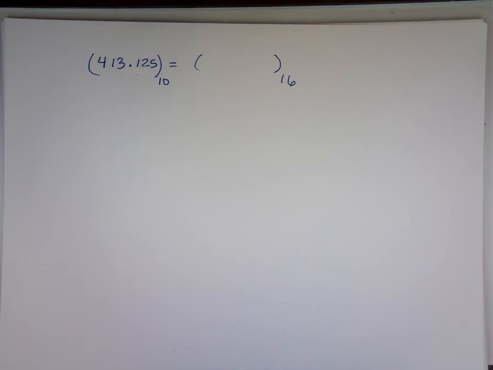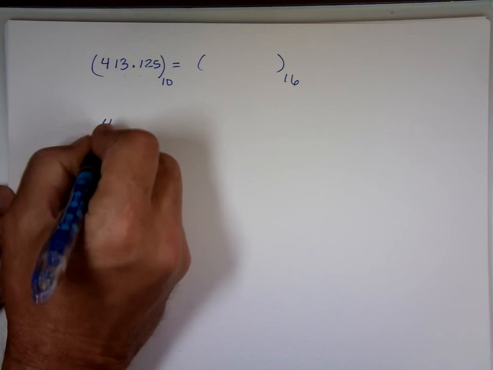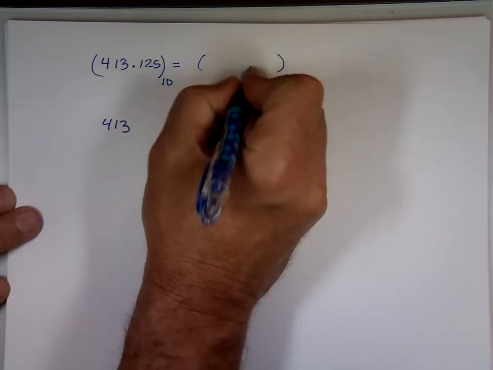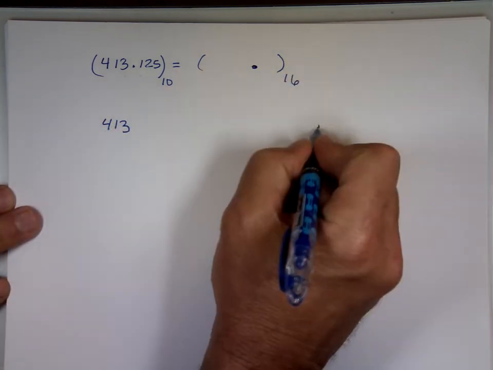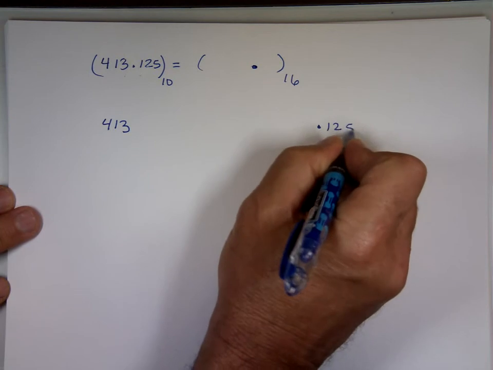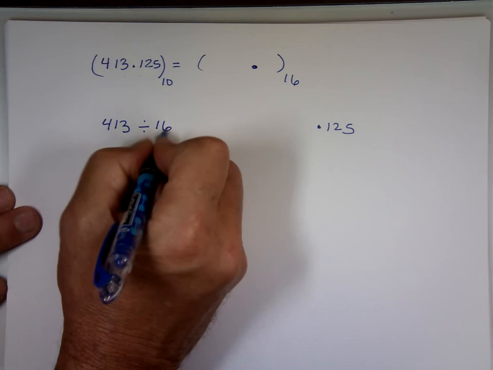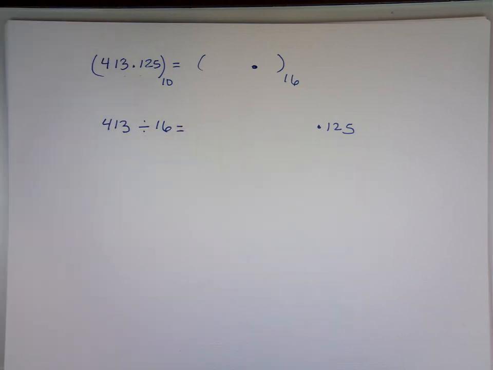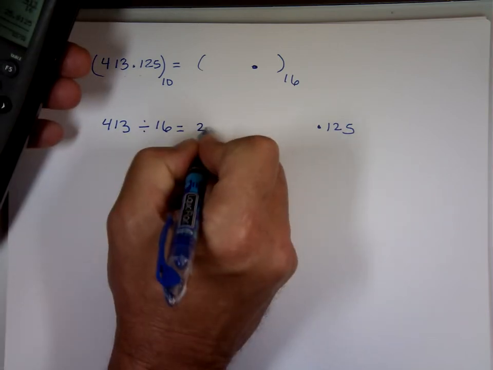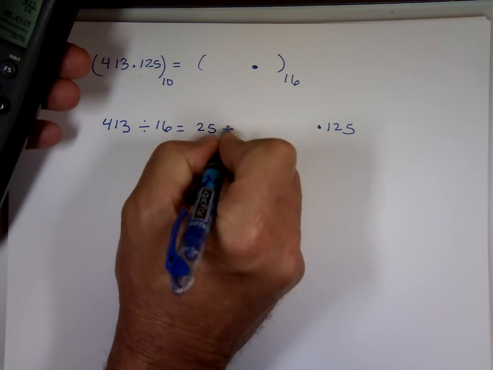So 413, we'll do this side first, and the 0.125. Divided by, we go into base 16, by 16. It's 25 plus a remainder of 13.